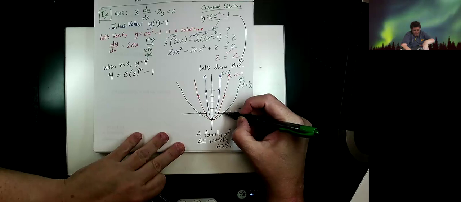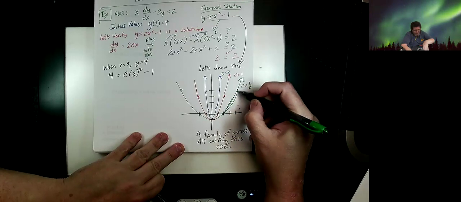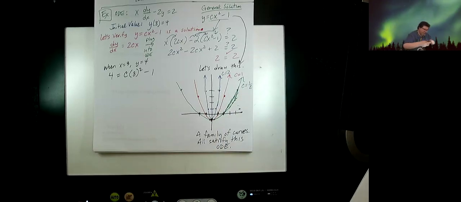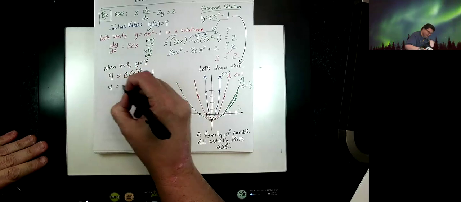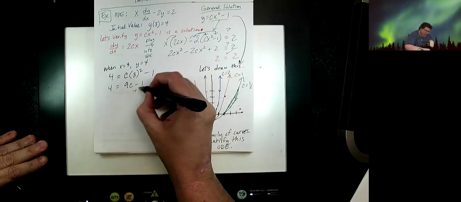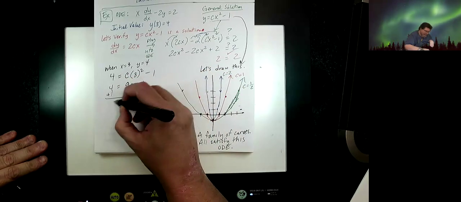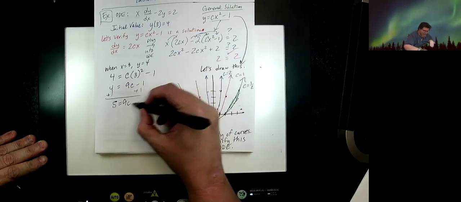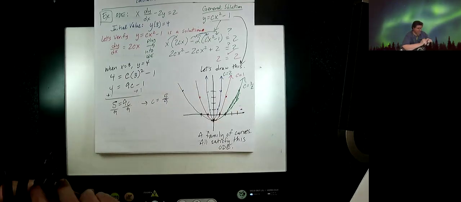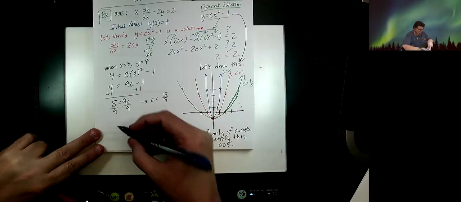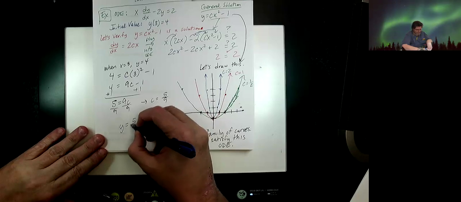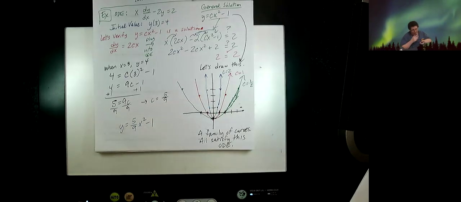I've got 4 equals 9c minus 1. I'll add 1 to both sides. 5 equals 9c. Divide by 9, and I get c equals 5/9. So the actual equation we want to pick out will be y equals 5/9 x squared minus 1.